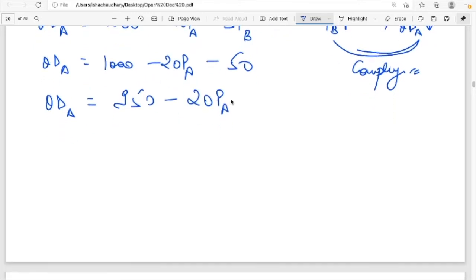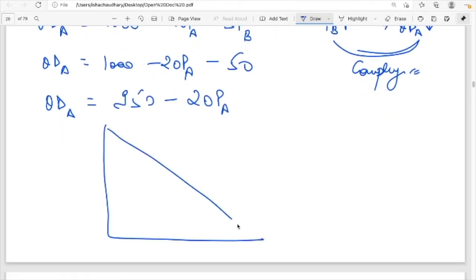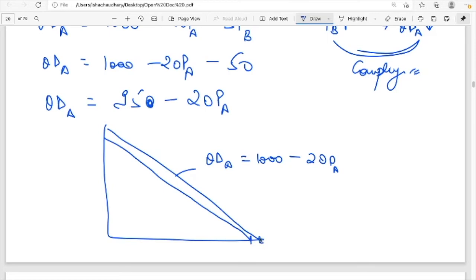If I plot this on the graph, this was my original demand function, QD equals 1000 minus 20 PA. Because the quantity demanded has decreased, this is my new demand function. The maximum quantity that there will be demand for was 1000; now it is 950.